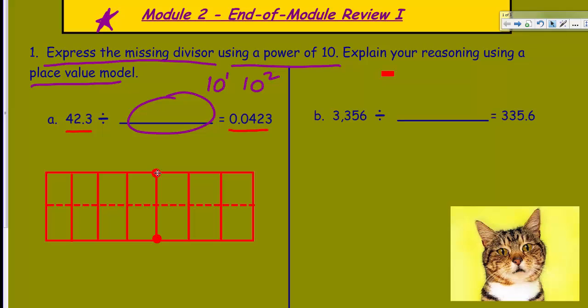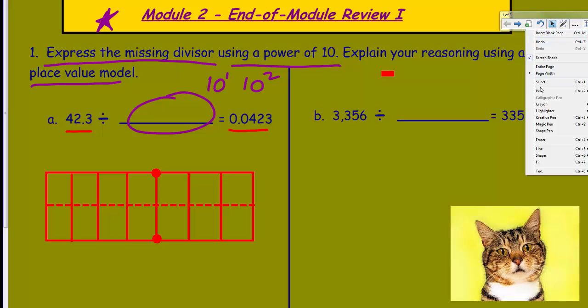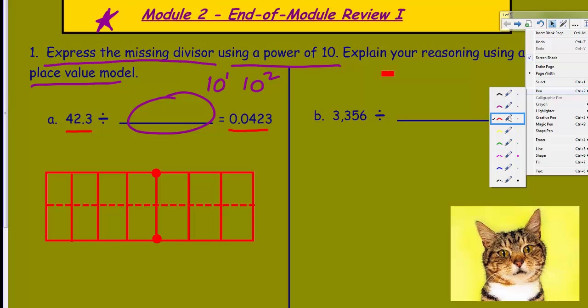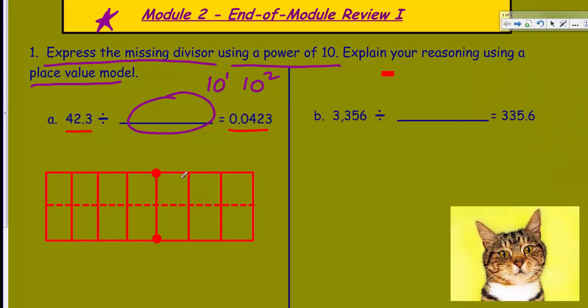I don't have to list all the different place value columns, because if we look at this, you guys probably already know that, let me get a pen. There we go. This would be the tenths place, this is the ones, tens, and so forth. So we can put this number in here, and look how easy this would be.